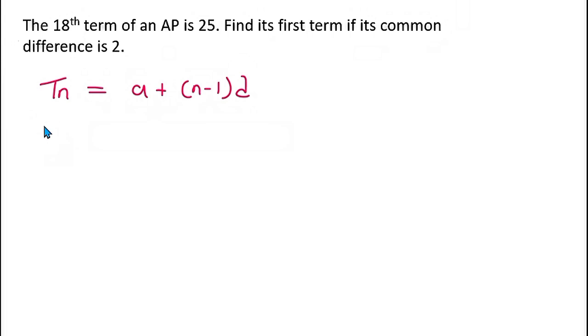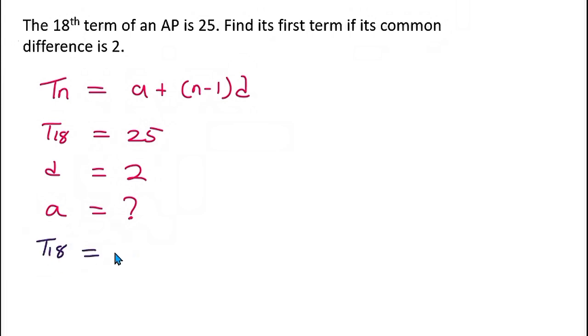Now in this case, we have T18 given to be 25, and the common difference D is given to be 2, but the first term A is what we are to find. So let's substitute into this expression. T18 equals A plus (18 minus 1) times 2, which is the common difference. The value of T18 is given to be 25.